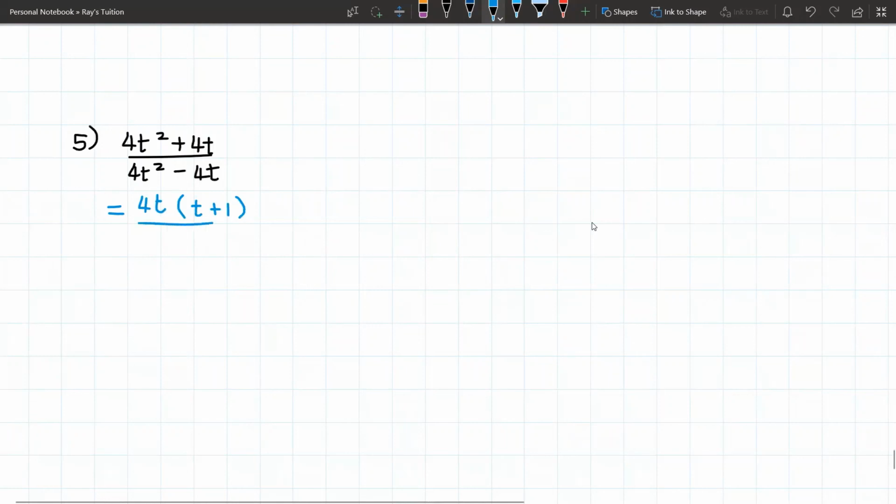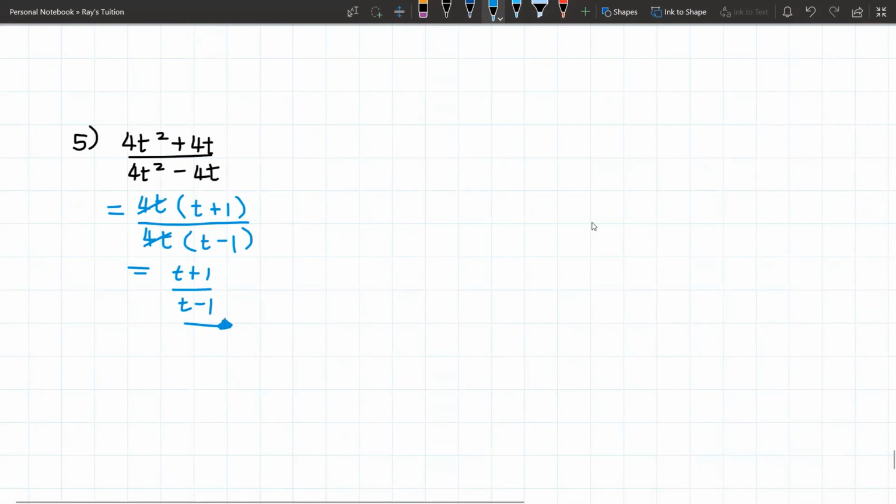And then what we're going to do is factorize a 4t in the denominator, and what we're going to be left with is t minus 1. Then the 4t's cancel, and we're left with just t plus 1 over t minus 1.